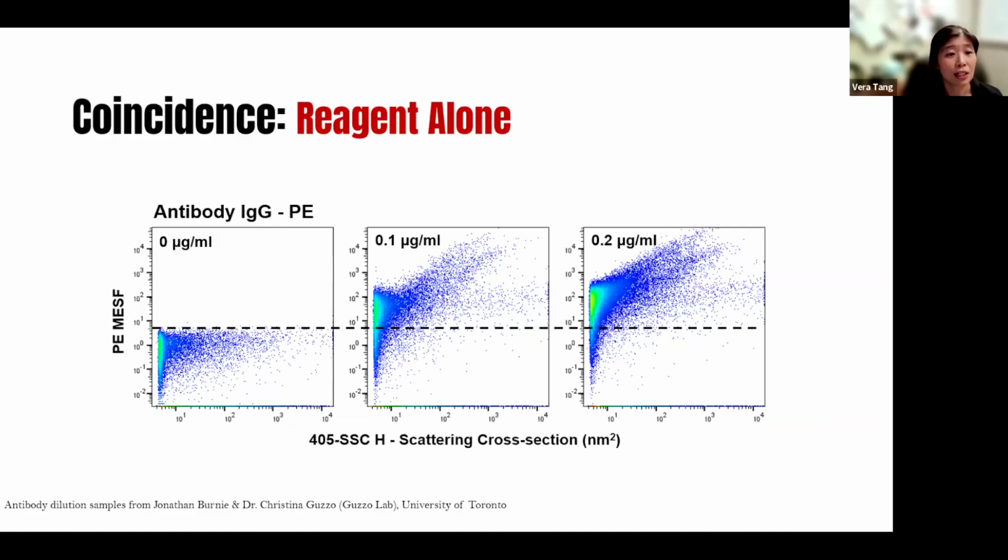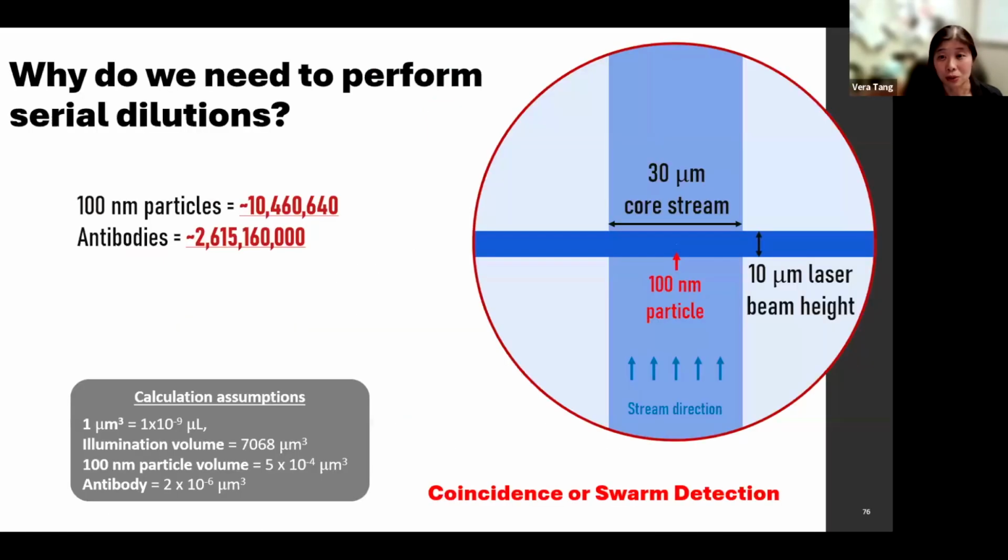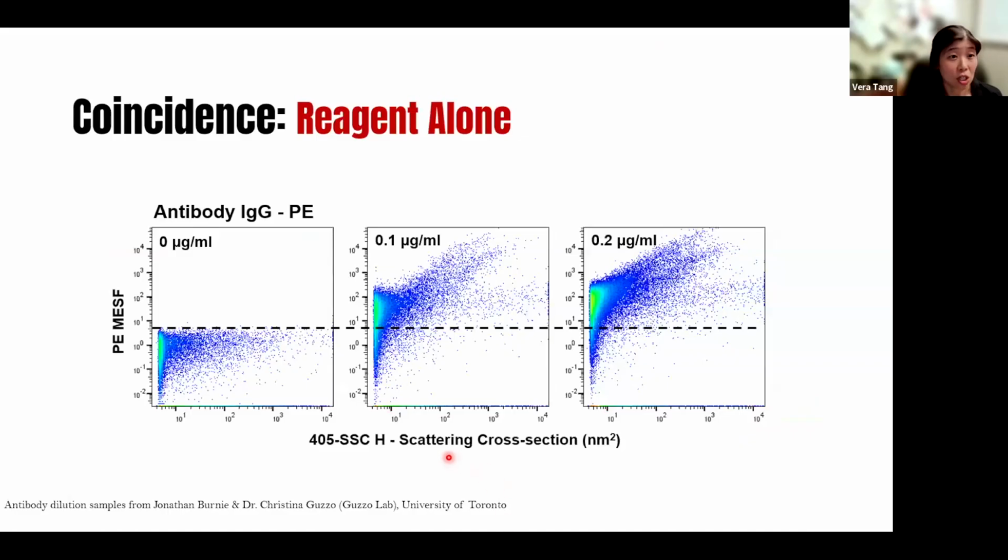So all this to say, how do we know that we're looking at one particle at a time? Something else to contemplate is the fact that when you're doing cell analysis, you're not as cognizant of the fact that the reagent alone will give you signal. Unfortunately, once you optimize your detection settings for small particles, you start to see a lot more.